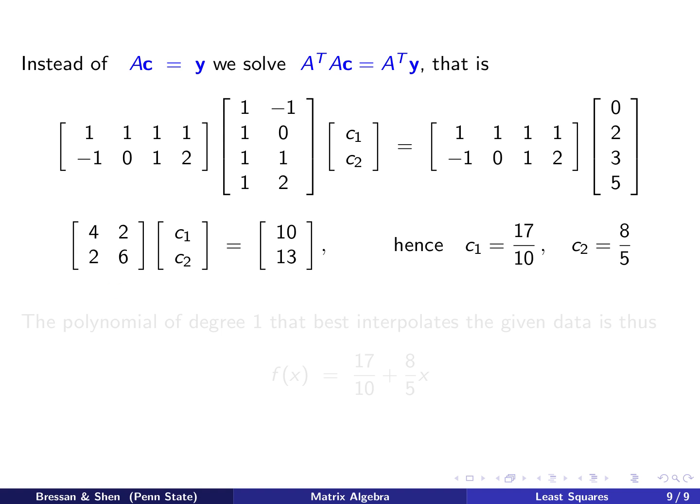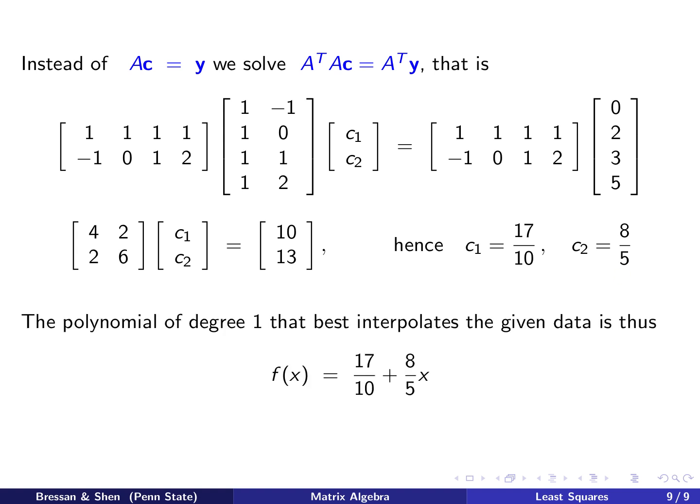We see that it is a symmetric 2 by 2 matrix. Using whichever your favorite way of solving it, we can solve this system of linear equations and find the values for c1 and c2. Then we can plug them back in and state the result.